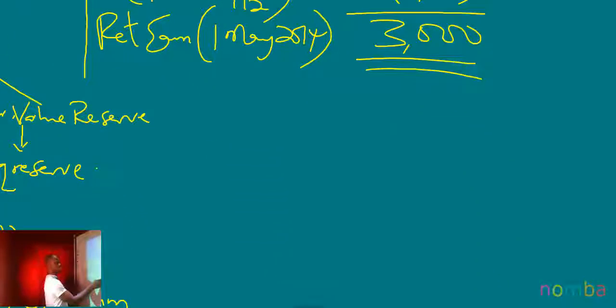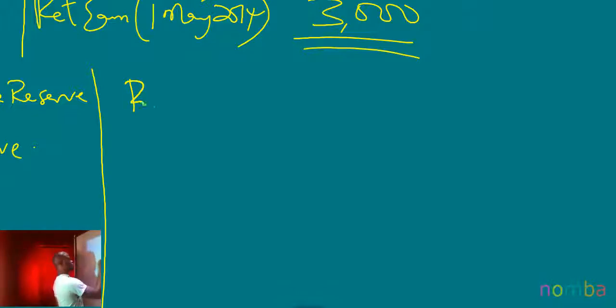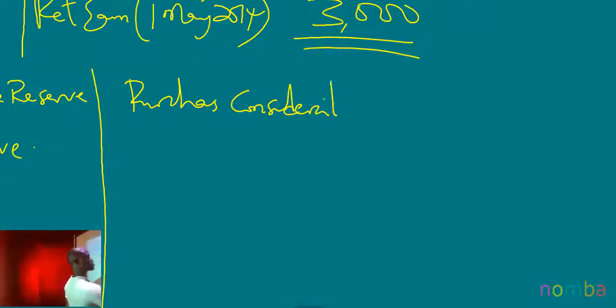So now, having determined that, I want to cancel out the purchase consideration against the net asset acquired or the equity of the subsidiary. So, what's the purchase consideration? Sometimes it could be called consideration transferred.